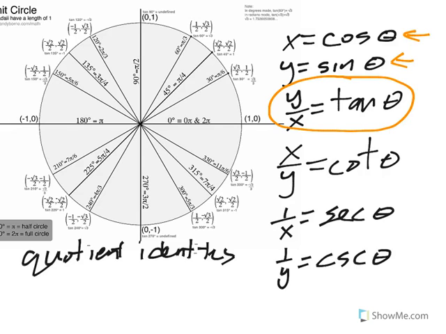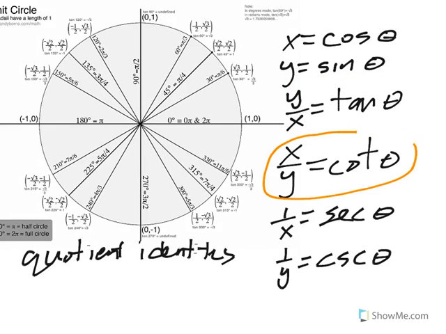Since tangent theta is y over x, and sine theta is y and cosine theta is x, a lot of people think of tangent theta as just the sine of theta over the cosine of theta. Similarly, cotangent theta is x over y. Well, that's just cosine theta over sine theta. So often they'll say cotangent theta is cosine theta over sine theta.